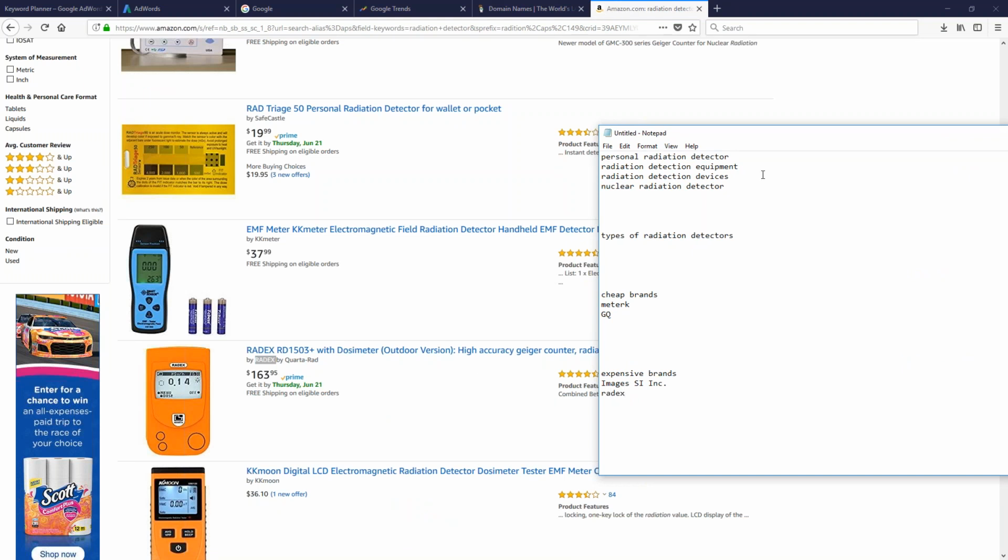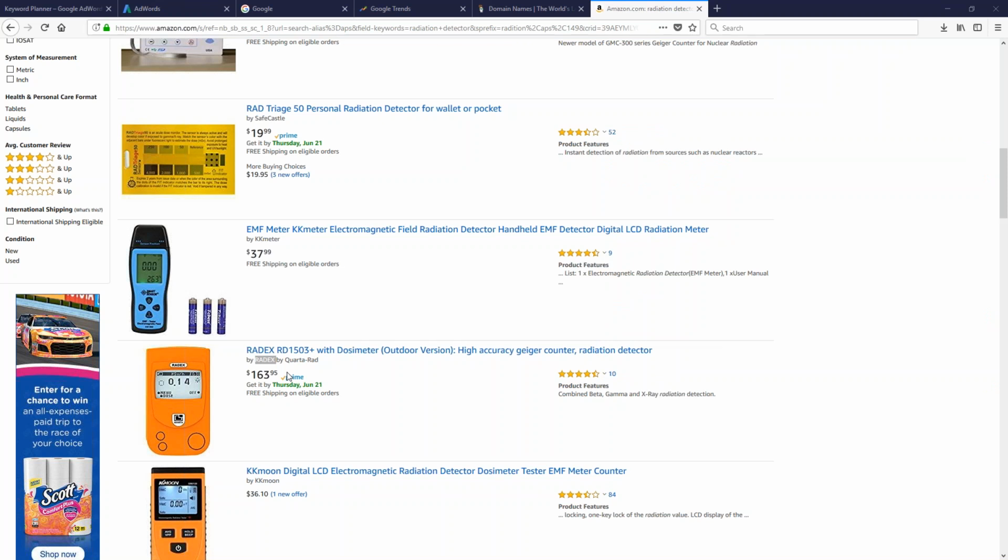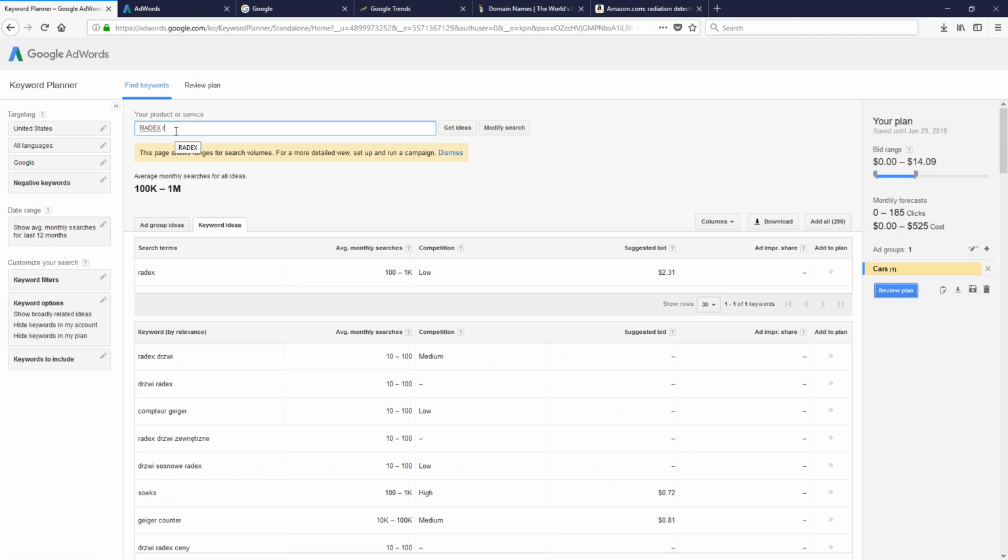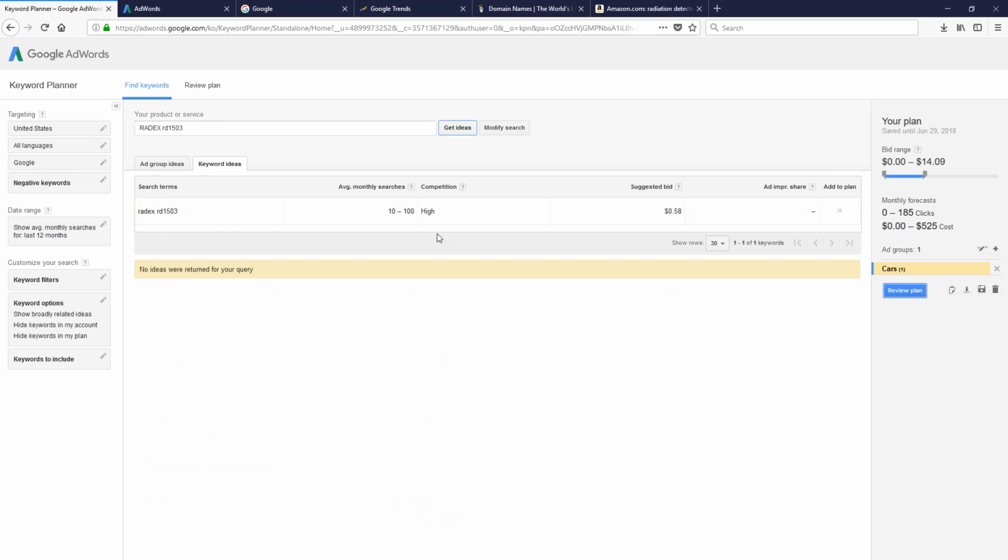Now I could maybe look for still a little more RD 1503. I could try to search for this along with the brand name. Looks like there's a small amount of traffic for it. I could try to search for it completely by itself. Also a small amount of traffic for it.